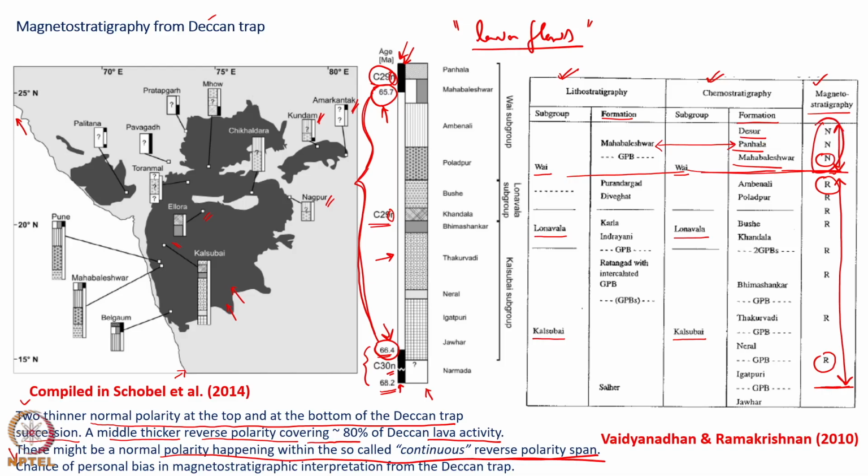I am requesting students to remember for exam purposes these three names, and they are the formations chemostratigraphically where the normal polarity is found. All other names, which are not required to remember for my exam, will be in the reverse polarity. So, if I ask some names in the exam, you can check if these are the names, then they belong to normal polarity, rest of them belong to the reverse polarity.